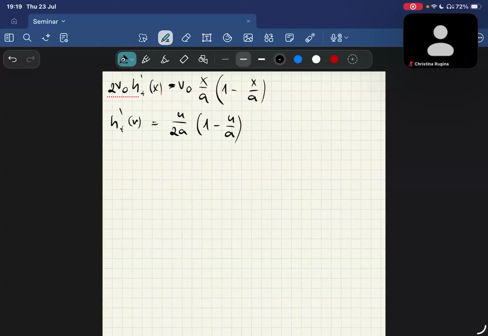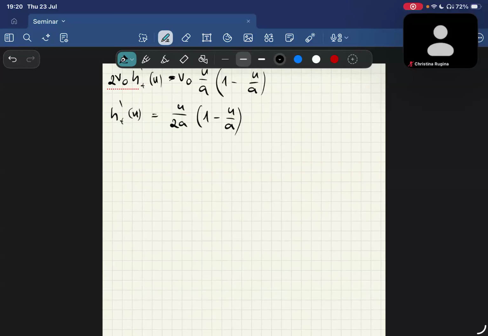It is a general function, in terms of u. So this is more correctly put here as u, so there is no confusion. Okay, so now all we have to do is to integrate this relation.